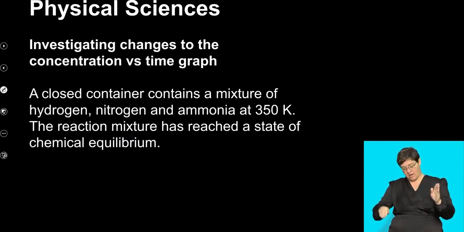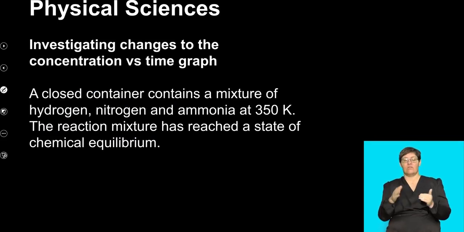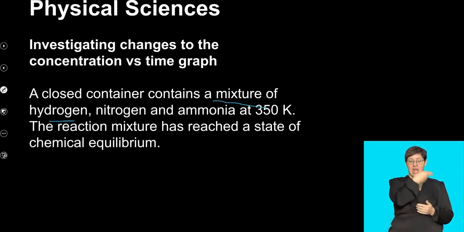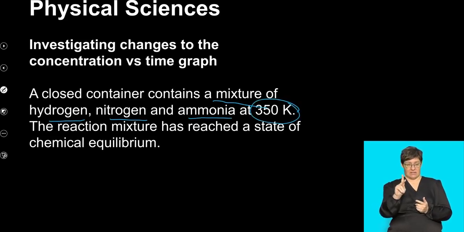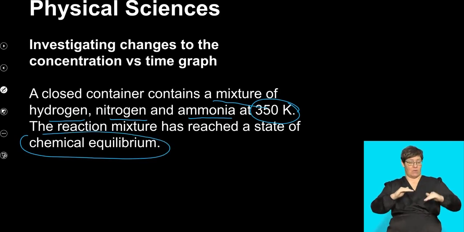A closed container contains a mixture of hydrogen, nitrogen, and ammonia at a specific temperature, 350 Kelvin. The reaction mixture has reached a state of chemical equilibrium.